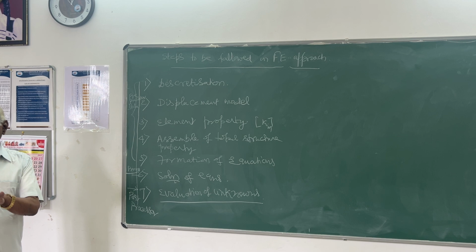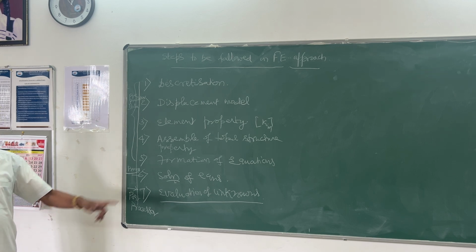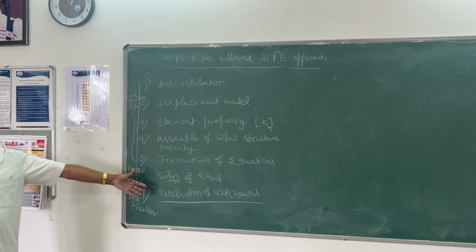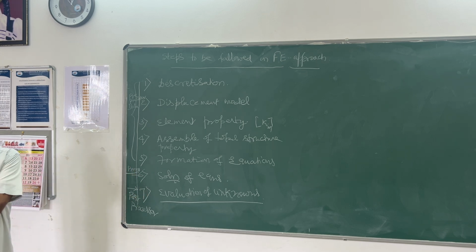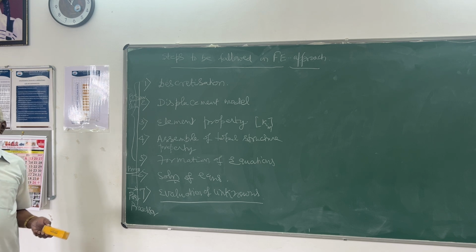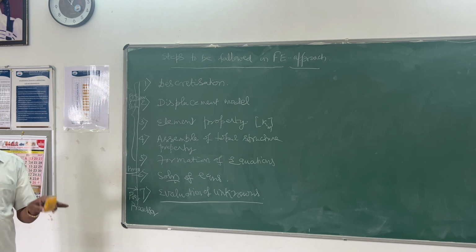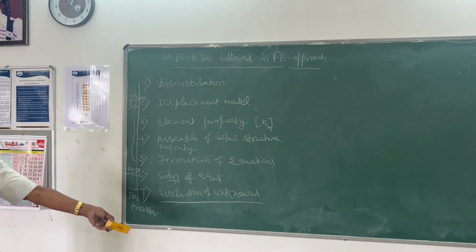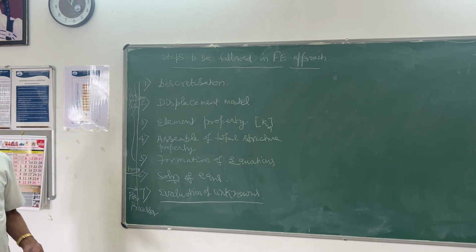There you have to take care and reduce it so that the cost will be less. And after all that has been carried out, it will throw out the result in whatever fashion you like. So those are the steps involved in the finite element approach.